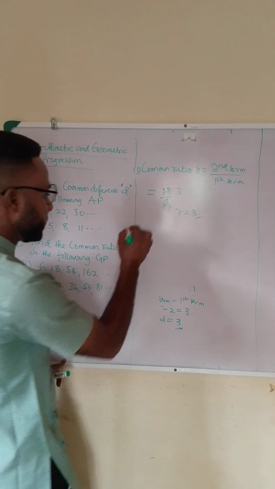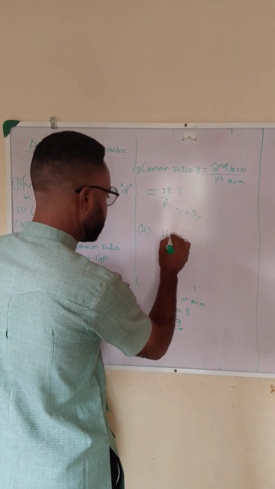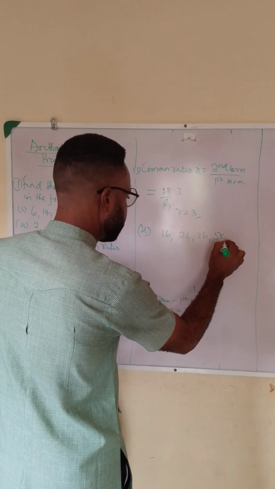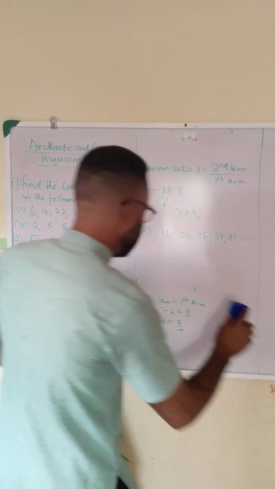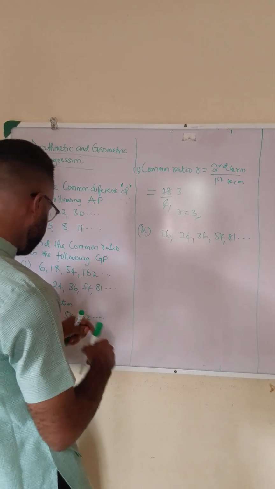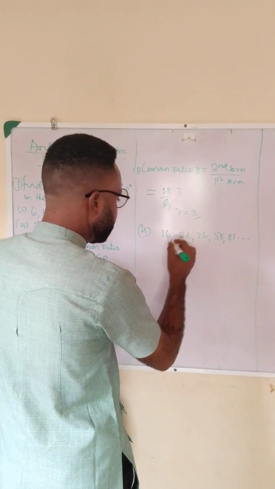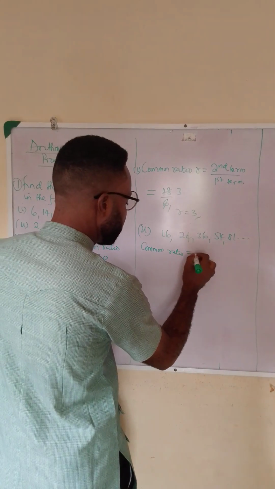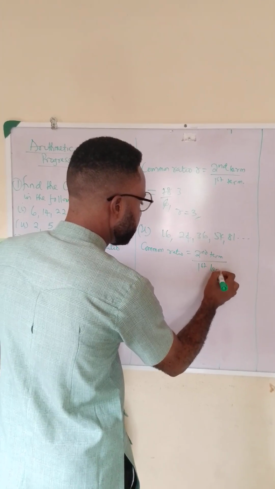Now for II, we know that our sequence is 16, 24, 36, 54, 81. Like we did in the first example under geometric progression, this is our first term, second term, third term, fourth, fifth. So common ratio will be equal to second term divided by first term.